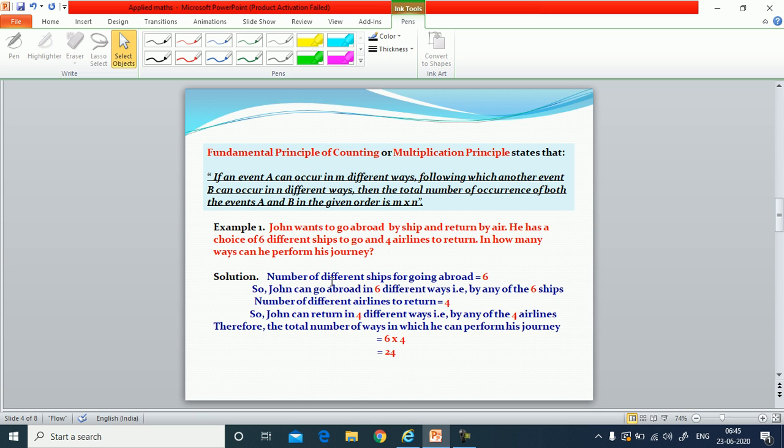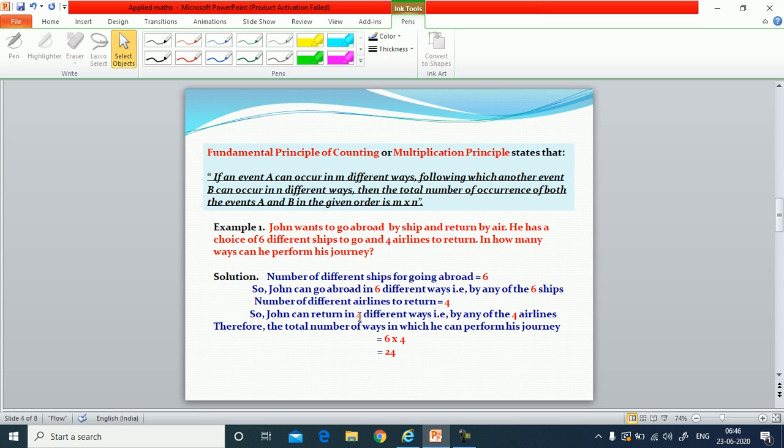So we will see what can be the total possible ways in which he can go and come back. Now, the number of different ships for going abroad is six. So John can go abroad in six different ways. That means he can go by any one of the six ships. And at the same time, while returning, there are four options available. So the number of different airlines to return is four.